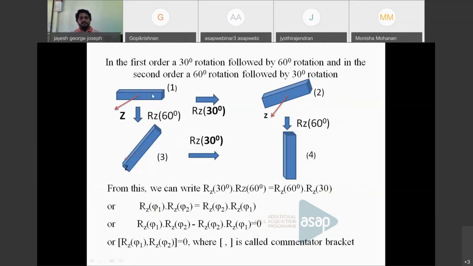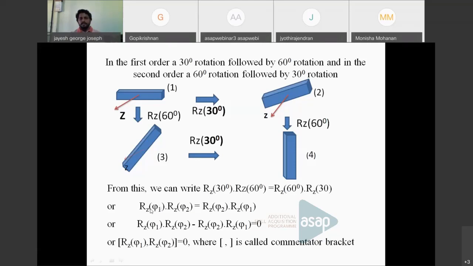And this is the first step. And in the second step, we are reversing the order. That means initially we are rotating about the z-axis, counterclockwise, by an angle 60 degree, and then rotate 30 degree counterclockwise, and then the state is the same as before. It means that the two positions are identical. So we can write from this, Rz 30 into Rz 60 is equal to Rz 60 into Rz 30.